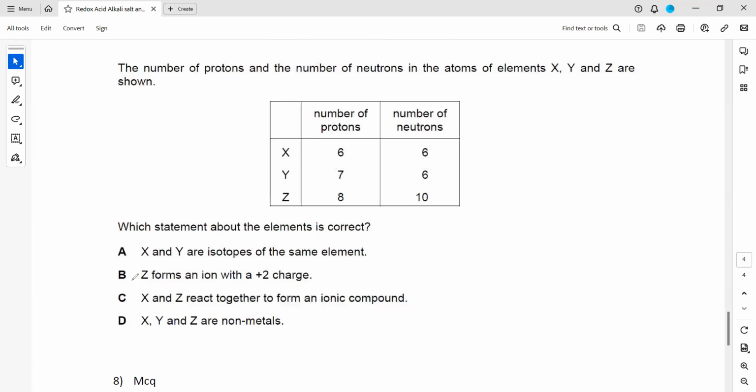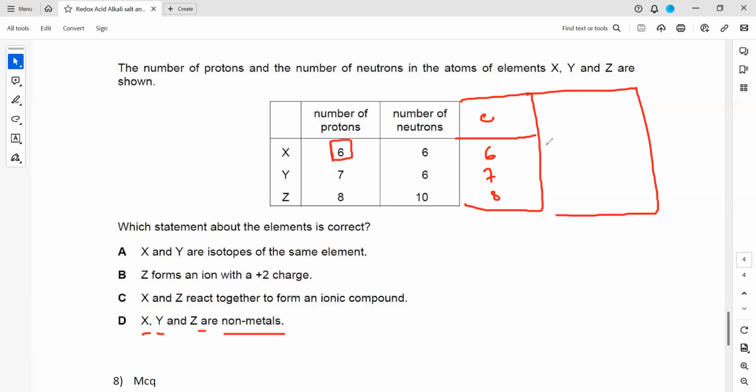In question 7, option D, X, Y, and Z are non-metals. How do we identify they are non-metals? X has 6 protons, so to be an atom, there should be 6 electrons. How will 6 electrons be arranged? It will be 2, 4, because the number of electrons and protons should be the same in an atom. So this will be 6, this will be 7, this will be 8.